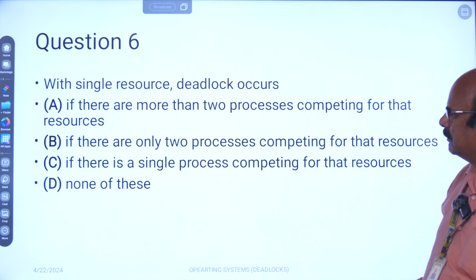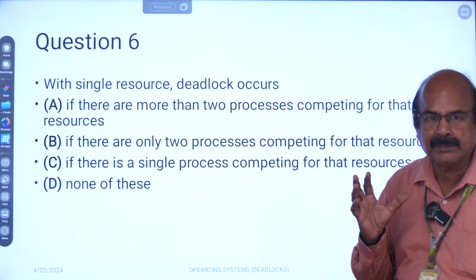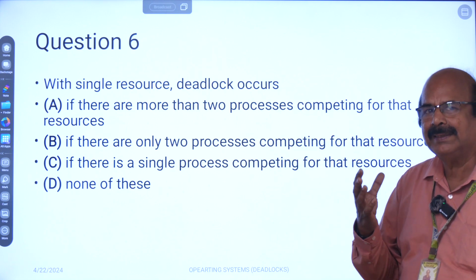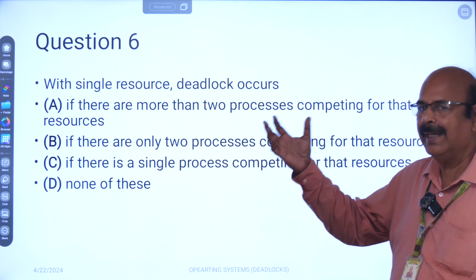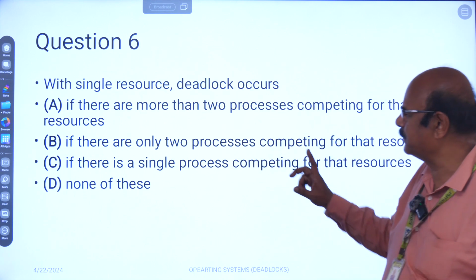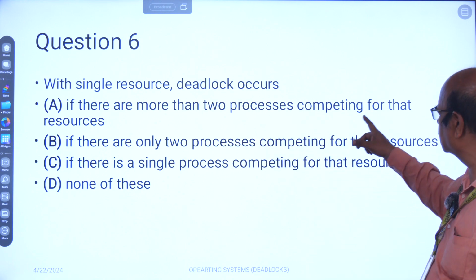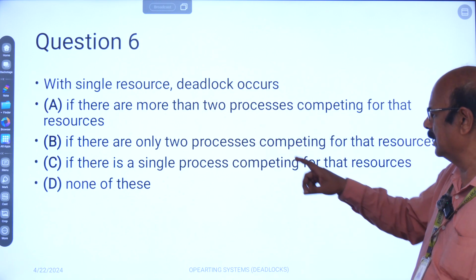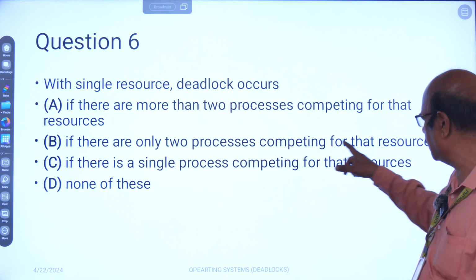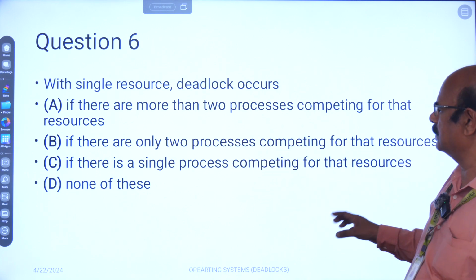So with a single resource, in what situation does deadlock occur? Whenever we see the options carefully: if there are more than two processes competing for the resources, if there are only two processes competing, or if there is a single process competing for the resources.